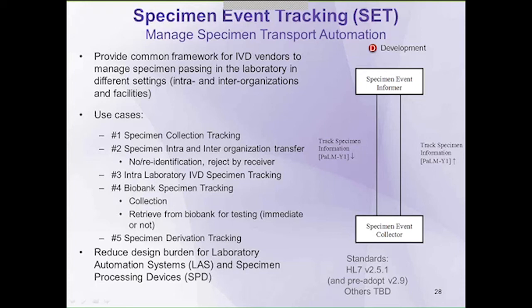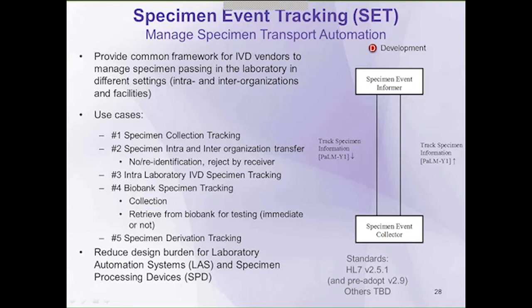It focuses both on the transport of a specimen within a laboratory, as well as use cases for transfer between laboratories. And you see a number of use cases listed there, including, perhaps within a biobank or across biobanks, and does include the derivation of samples in a parent-child hierarchy.